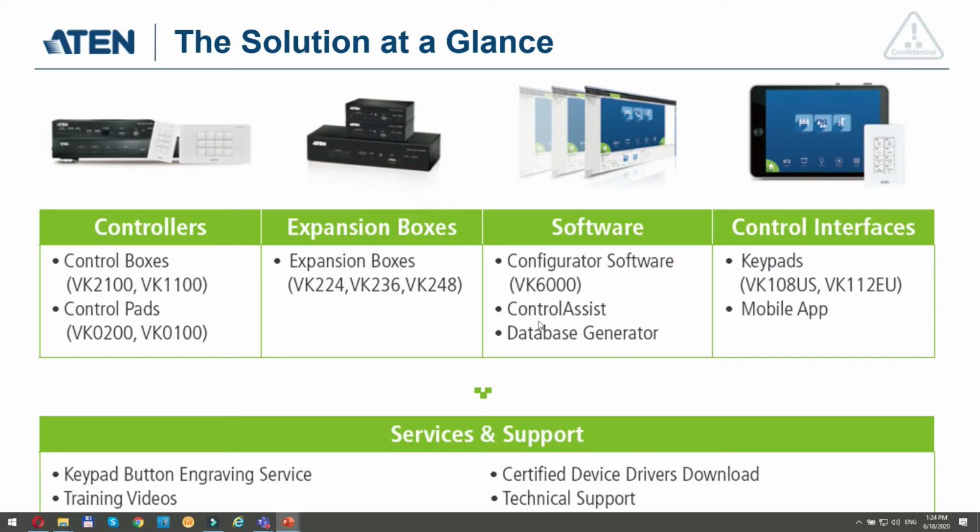Control Assist, I'm going to demonstrate Control Assist. This is for controlling your computer. So if a certain computer in the room or in the server room is important, maybe you would like to stream something from that computer on your nice video wall, like I'm going to demonstrate, then you need a program to be installed on the computer. And this is also free, and this is called Control Assist.